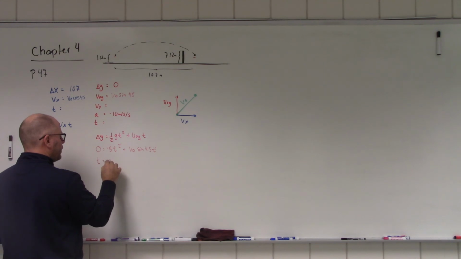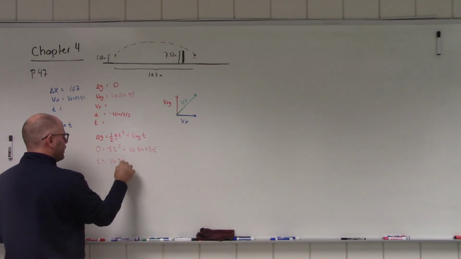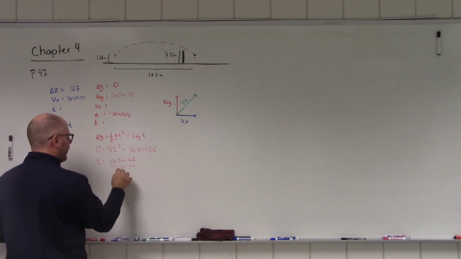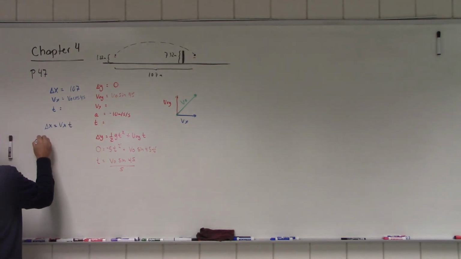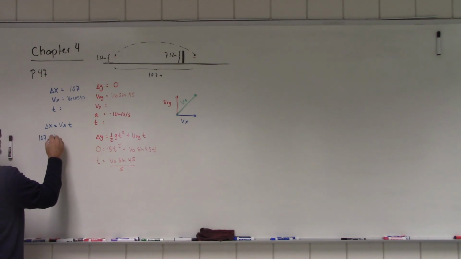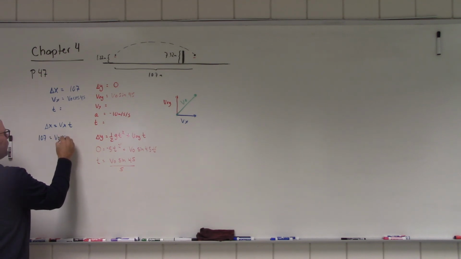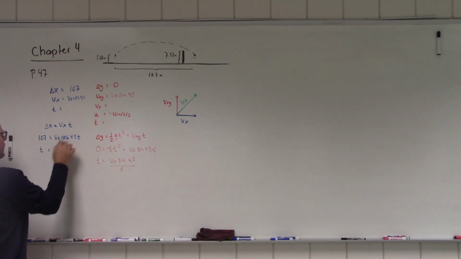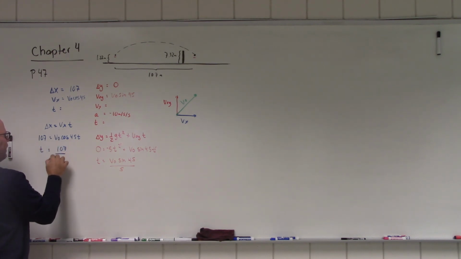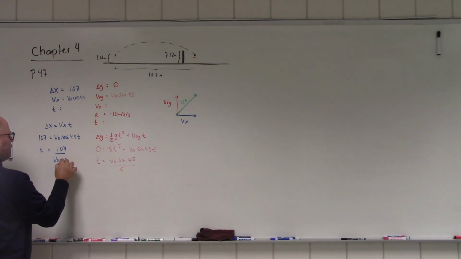So t is equal to V0 sine 45 all divided by 5. This one, I have 107 is equal to V0 cosine 45t. So in this case, t is equal to 107 divided by V0 cosine 45.